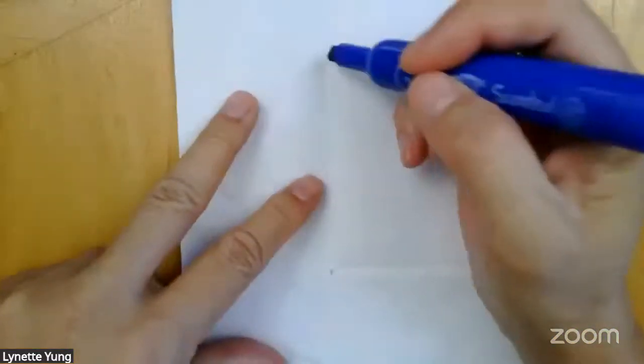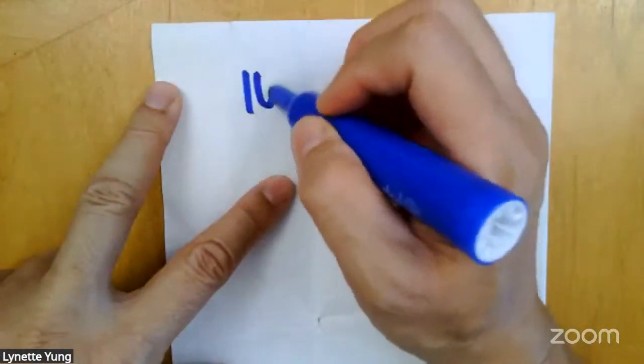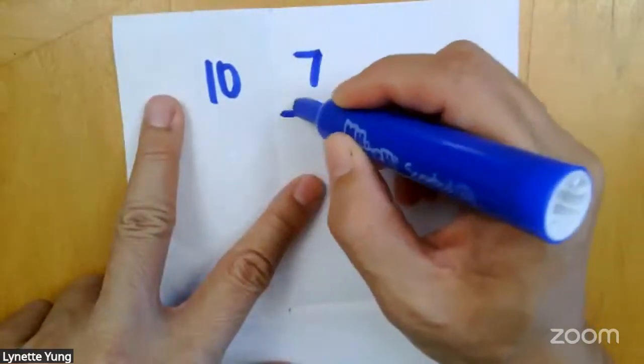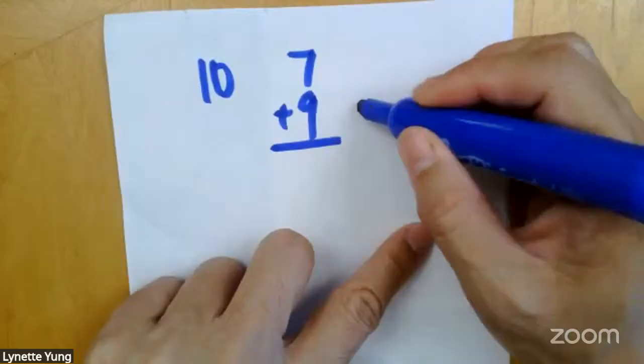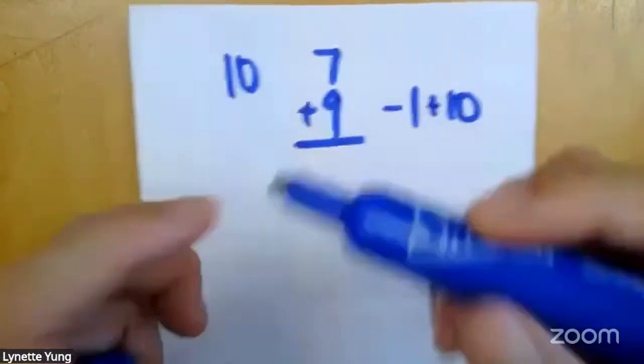It was interesting because they were mentioning that in the app, the question was 7 plus 9, and the app wanted minus the 1 and then plus the 10, right?